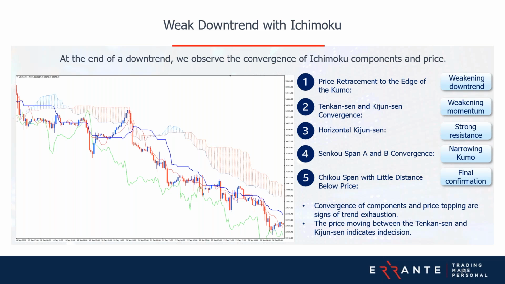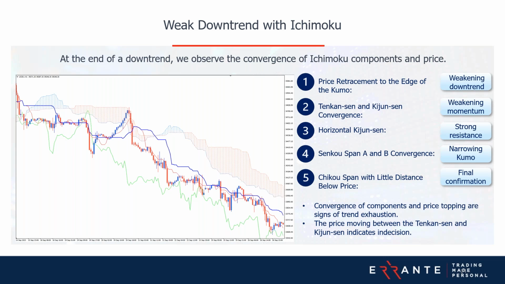Okay, so when the price oscillates between the Tenkan-sen and Kijun-sen and sometimes Kumo, it reflects market indecision. So traders should be cautious and look for further signals before making a trading decision in this case.